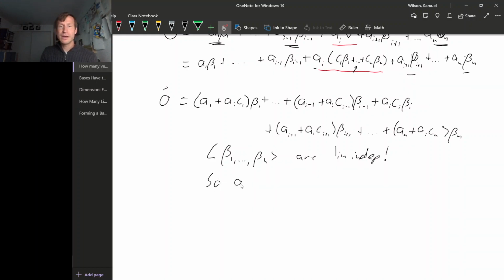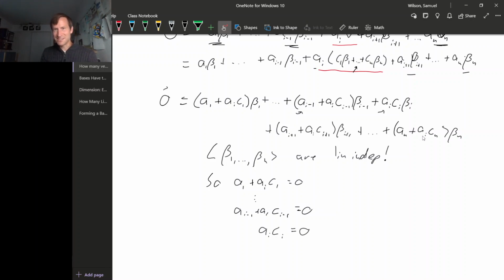So a sub 1 plus a sub i c sub 1 has to be equal to 0, and so on, down to a sub i minus 1 plus a sub i c sub i minus 1 has to be 0. That's right, this coefficient. And then this coefficient, a sub i c sub i, has to be 0.